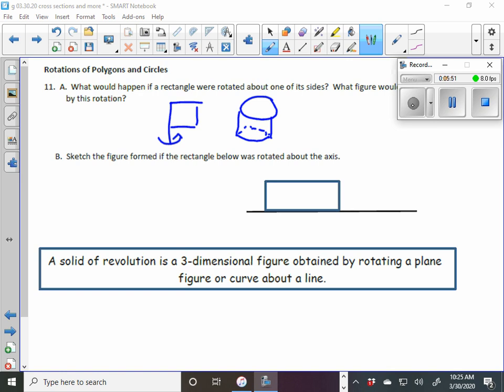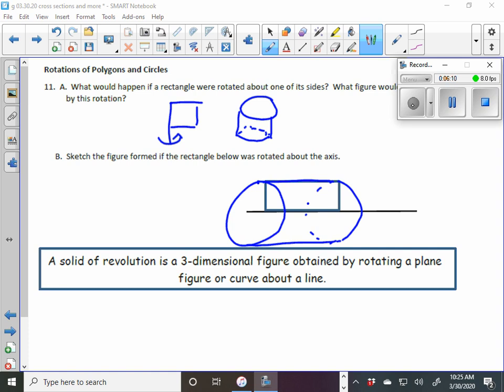That's the case here, where if this gets spun around, right, you're going to end up with something that looks like this. That gives you this cylinder shape.